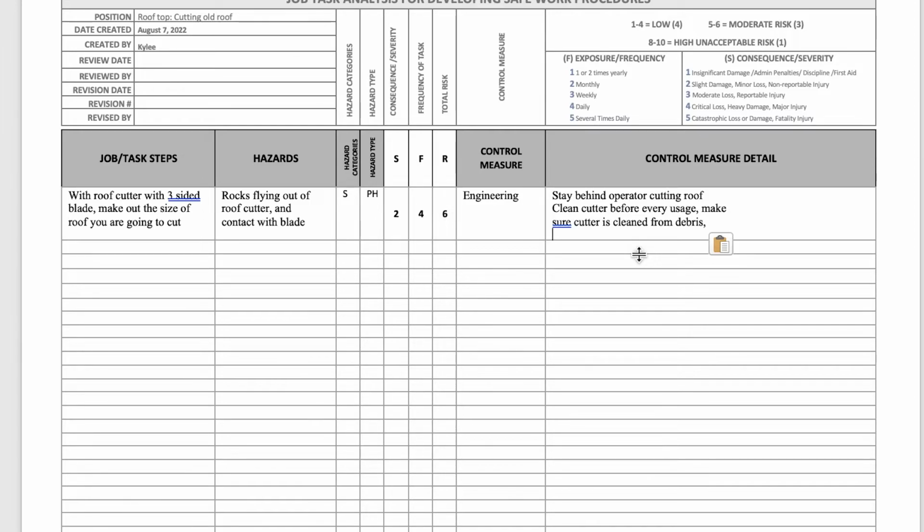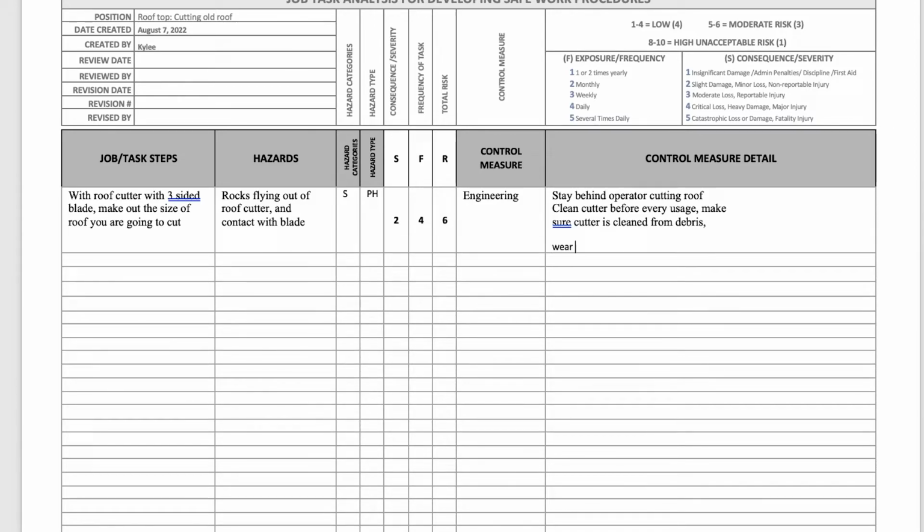Make sure that the cutter is clean before every use, and make sure this means it is clear from any debris, that kind of thing, as well. You are all wearing proper PPE as well. And this one would be really its own control and would be a PPE control measure rather than an engineering one.